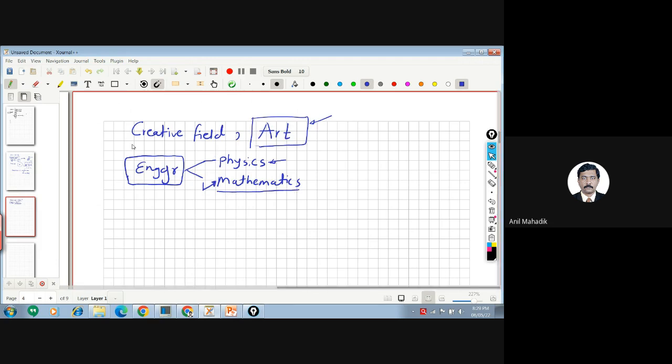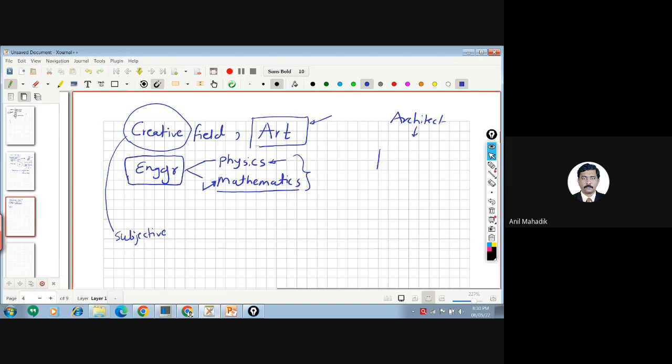Now, whenever we say something is creative, all of you know, what is creative? Mostly subjective. Yes or no? Creative means it may differ from person to person, and the perception may be different for the same thing. Say architects are designing some buildings, and I may like that building or somebody may not like it.